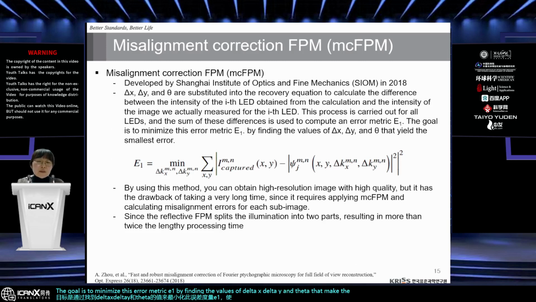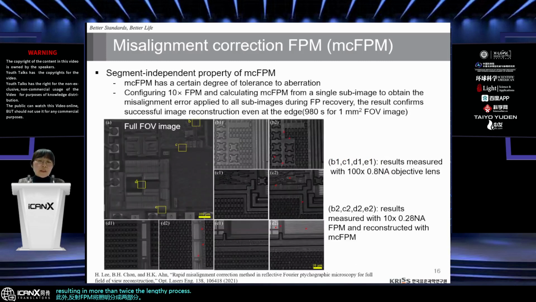By using this method, you can obtain high-resolution image with high quality, but it has the drawback of taking a very long time, since it requires applying MCFPM and calculating misalignment errors for each sub-image. Furthermore, reflective FPM splits the illumination into two parts, resulting in more than twice the lengthy processing time. To overcome this time-consuming problem, we focused on the segment-independent property of MCFPM.